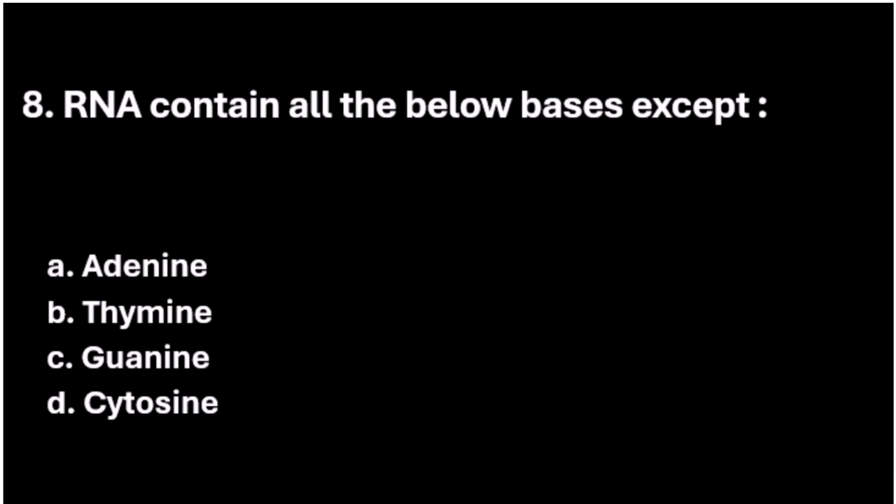Next, RNA contain all the below bases except option A, adenine, option B, thymine, option C, guanine, and option D, cytosine. Option B, thymine is the right answer because RNA is not containing thymine. All other bases are common.